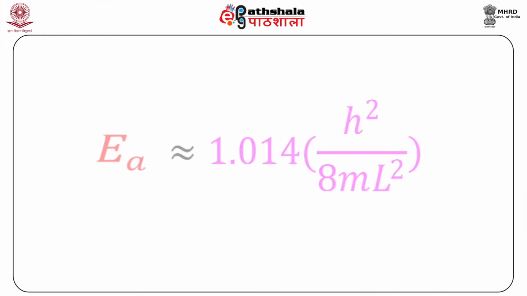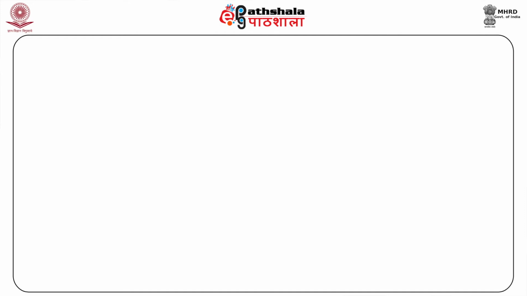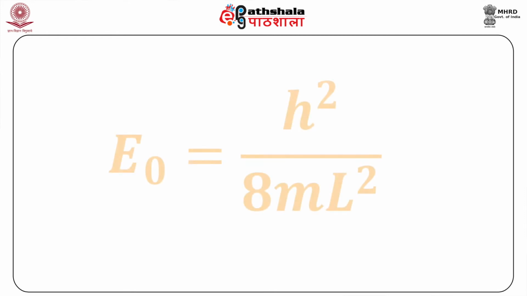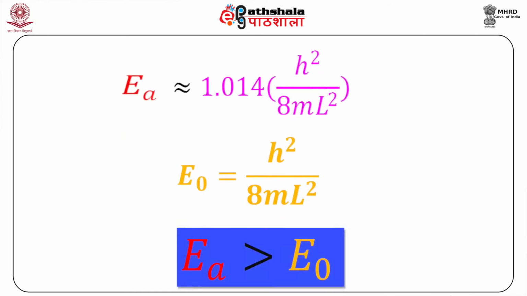Comparing equation 6, that is 1.014 into h square upon 8 m L square, with equation 7, which is h square upon 8 m L square, shows that the approximate energy E_A is greater than the ground state energy E_0, as shown in equation 8. This proves that the variation method calculates an upper bound to the ground state energy by using an appropriate trial function.